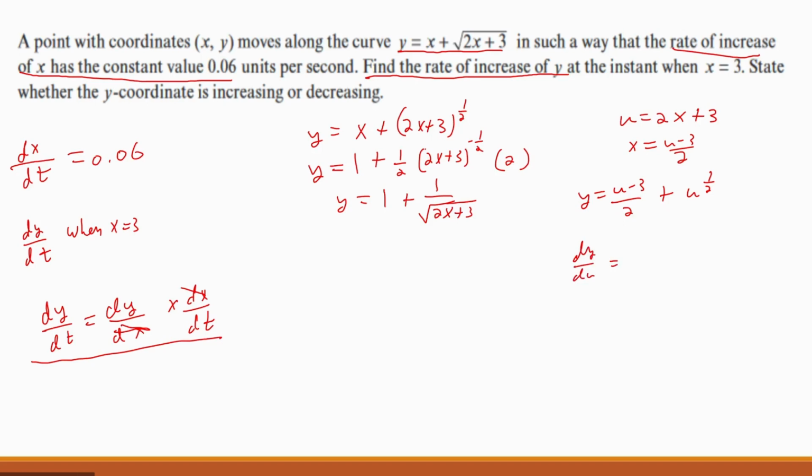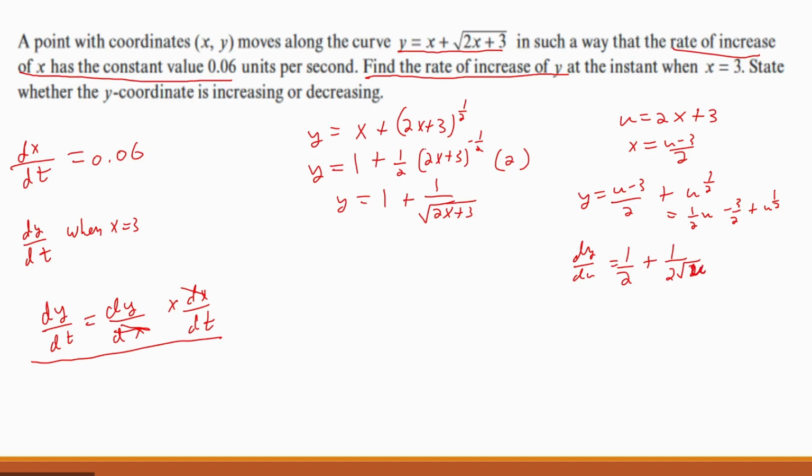First of all, let me rearrange it a little more: 1 over 2 into u minus 3 over 2, plus u raised to the power of 1 over 2. Now dy over du should give me 1 over 2 plus 1 over 2, and u should be to the power minus 1 over 2, so it should go in the denominator with square root u.